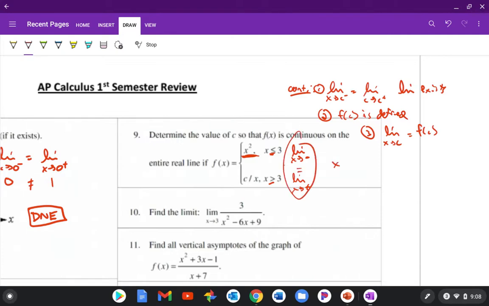So we simply set x squared equal to c over x and solve it. The particular place that we're looking for these to be equal is at 3, because that's where the only break occurs. So this would be 3 squared equals c over 3. We solve it and get 9 equals c over 3. So c is 27.